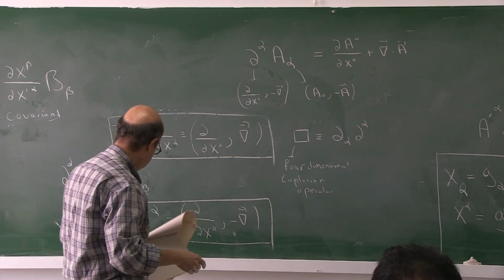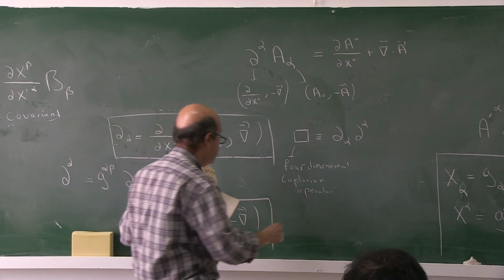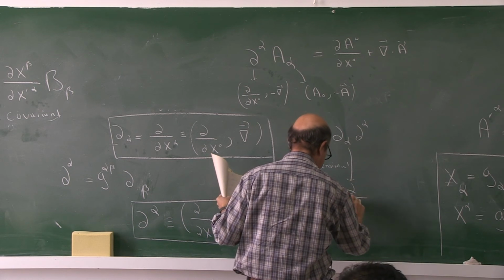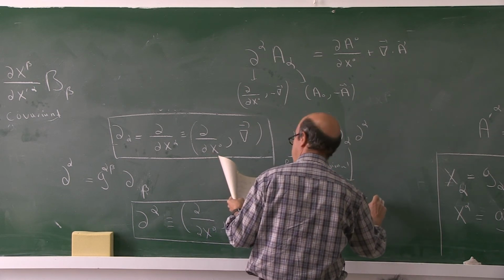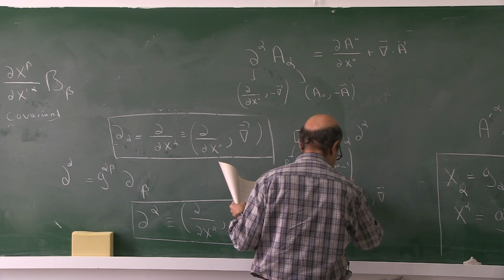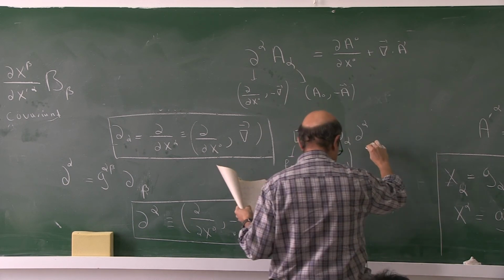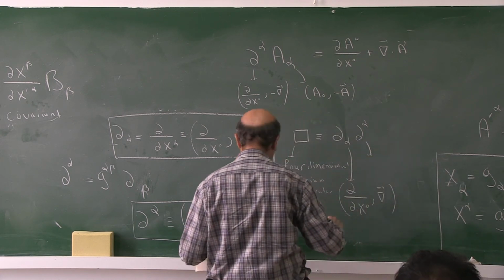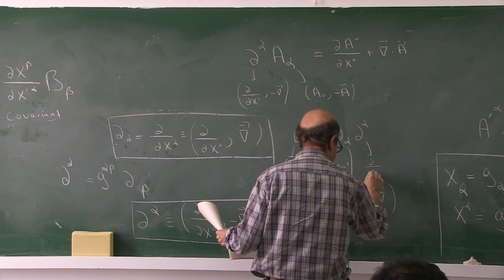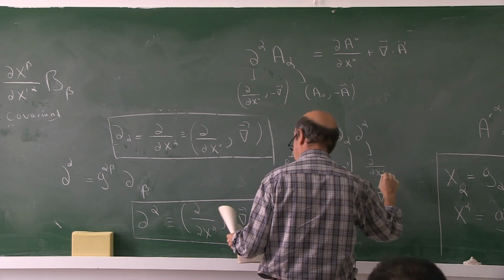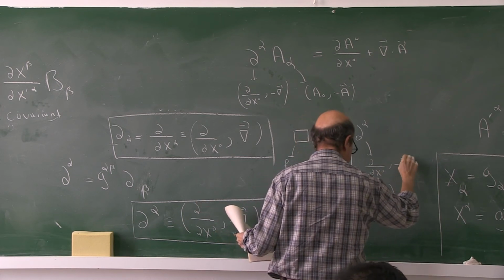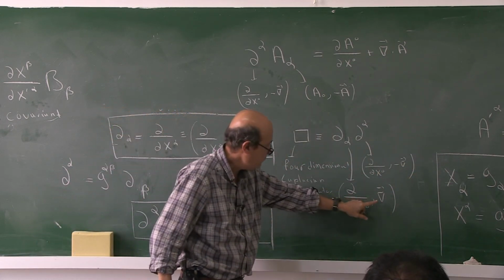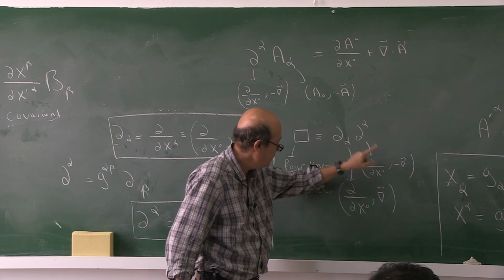So what is del alpha when the index is down? Again, it is equal to del x0 plus gradient. When the index is up, what is this? Del x0 minus gradient. Okay? Down is positive, up is negative.